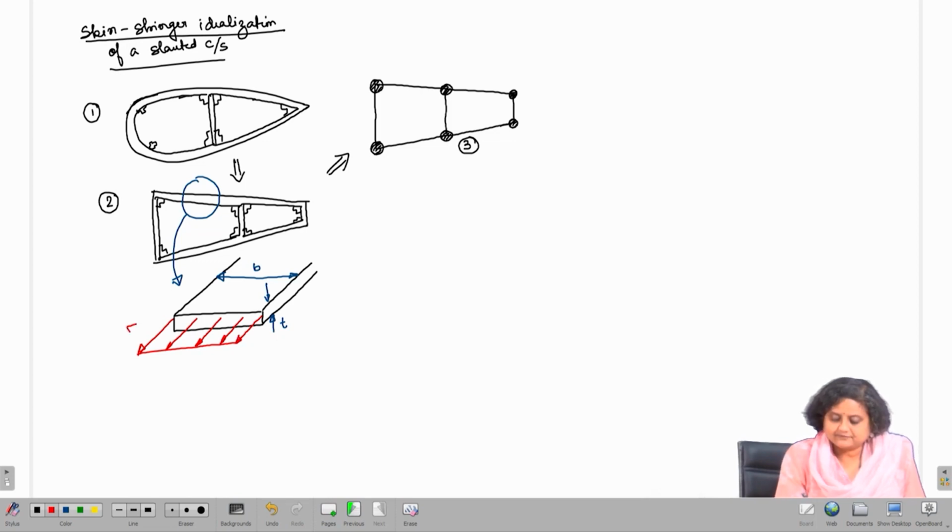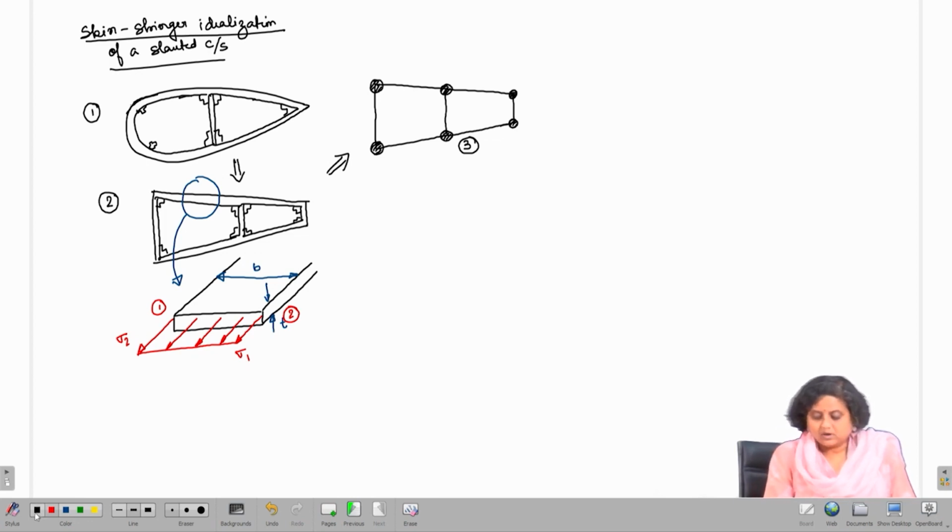So, I will have sigma 2 here. Let me call it point 1 and let us call it point 2. So, let us say that the stress here is sigma 2 and the stress here is sigma 1.